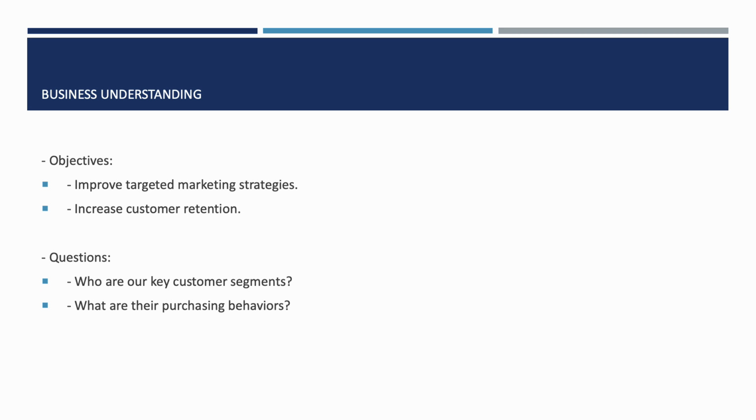And for the second one, by understanding how different customer segments behave, such as their buying patterns, frequency, and preferences, the business can optimize product offerings, promotions, and personalized experiences. So, answering these questions sets the foundation for the data mining process and ensures that the results are actionable and aligned with business goals.